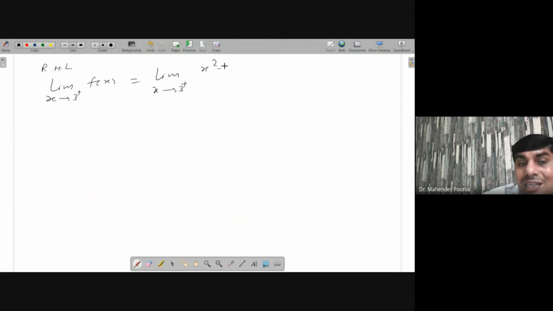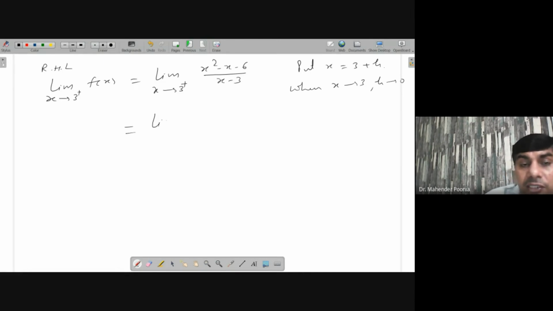Put x equal to 3 plus h. When x tends to 3, h tends to 0.